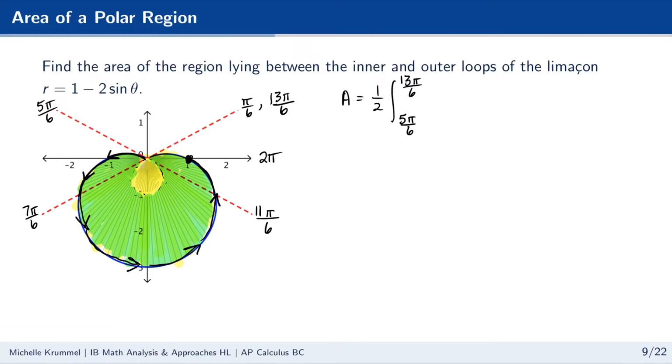Okay, so area of the outer loop, 1/2 will integrate from 5 pi over 6 to 13 pi over 6. Radius squared, so (1 - 2 sin θ)² dθ. And then we have to subtract the area of the inner loop. And that went from pi over 6 to 5 pi over 6. Also the same r squared here.